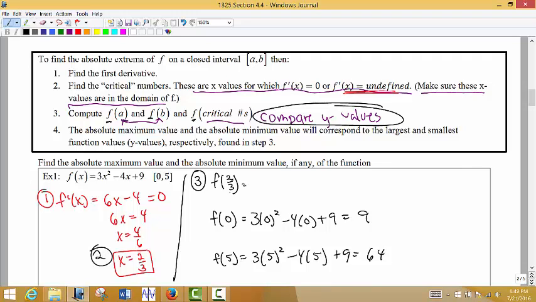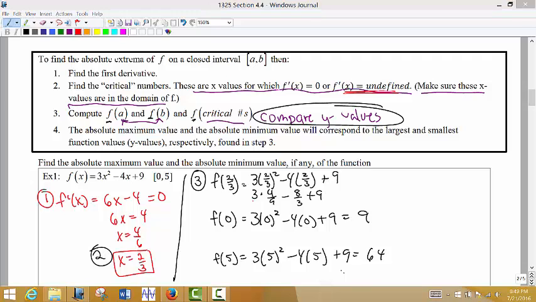And we want to know what happens if we plug in 2/3. I'm going to go ahead and work with the fractions, because I want an exact answer for my final answer. So that would give me 3 times 4/9, square the top, square the bottom, minus 8/3 plus 9.